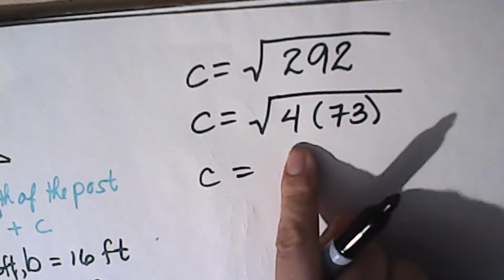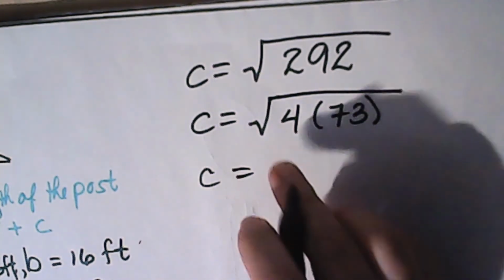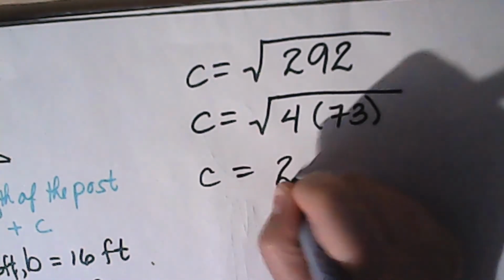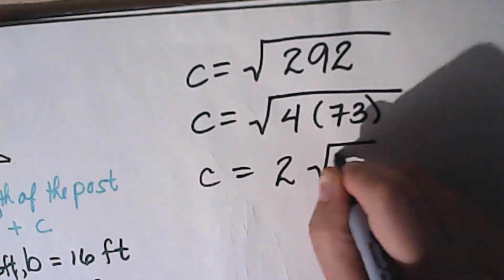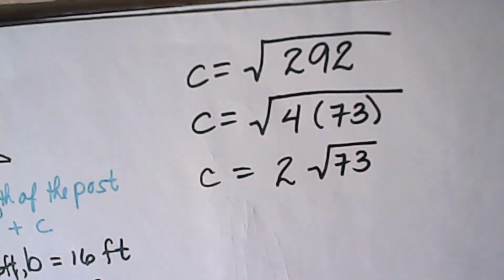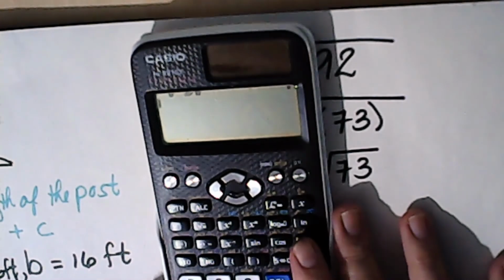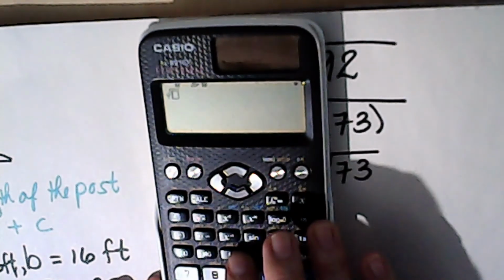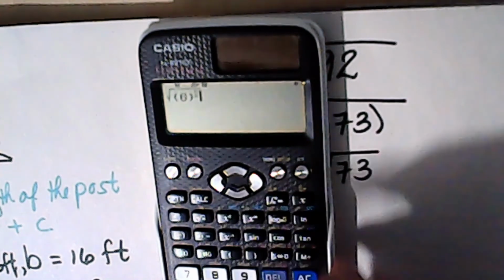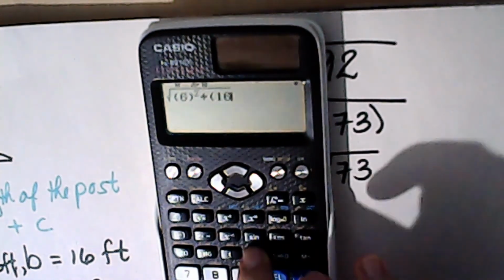Okay, extract 4 since it's a perfect square. So the square root of 4 is 2. Then our radicand is 73. So using a calculator, we can just input square root of 6 squared plus 16 squared.